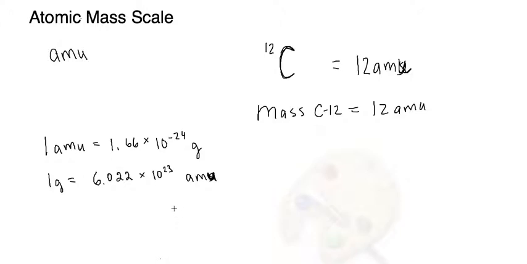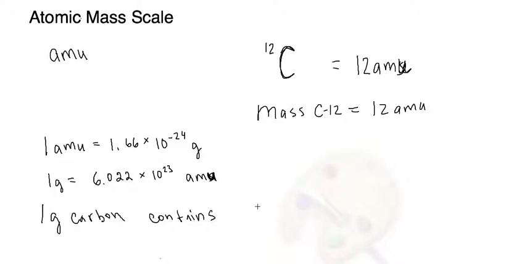So in this case, let's see how many atoms are found in 1 gram of carbon. Based on this, we take the amount of AMUs and divide it by the mass of one atom of carbon, right?